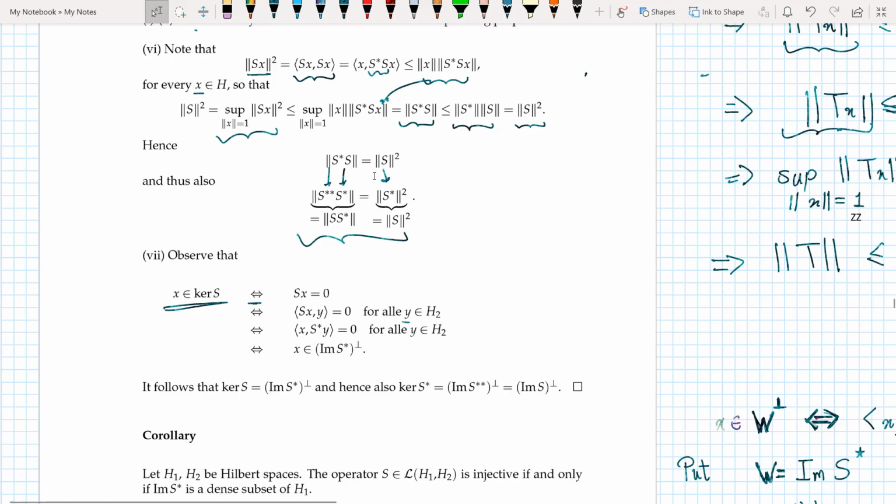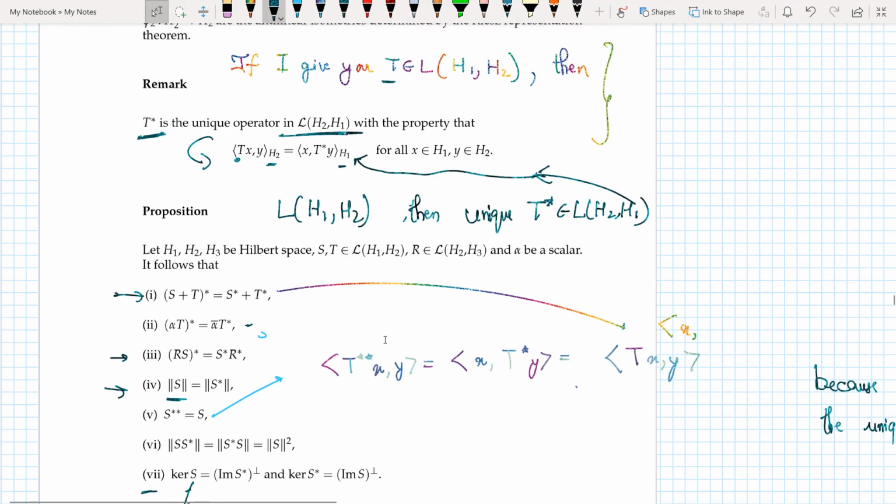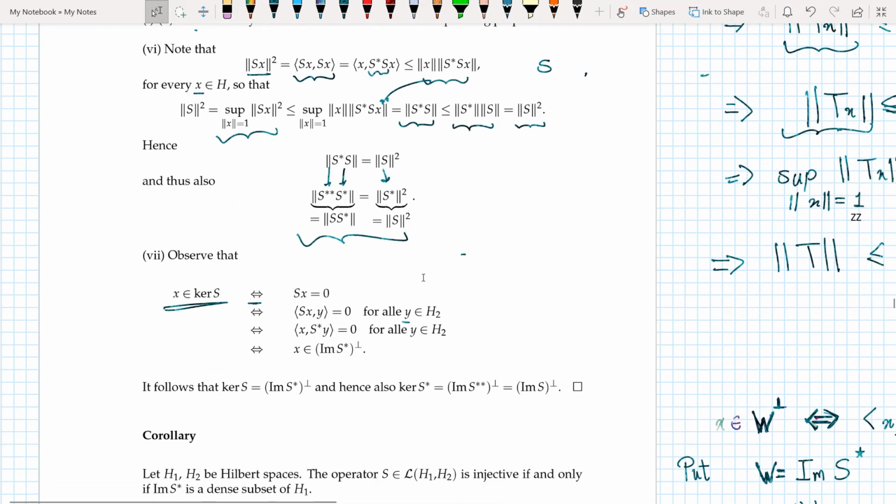So keep in mind that my operator in question S goes from H1 to H2. It would be better if we write it here. So S goes from H1 to H2, and I can write it like this.